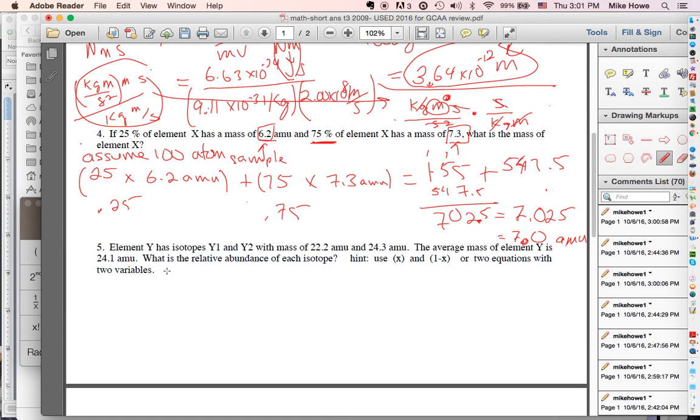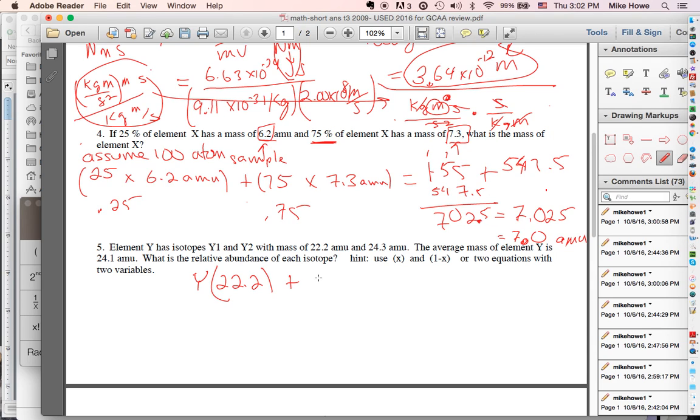Now the next one, a little harder. I'm not going to put one like this on the test, but basically you've got the same situation, except this time you know the two weights and you don't know the percentages, and you're trying to find the percentages. So I'm going to set it up where some percentage times 22.2, I'm going to call it y times 22.2, where y is the percentage that has that mass.